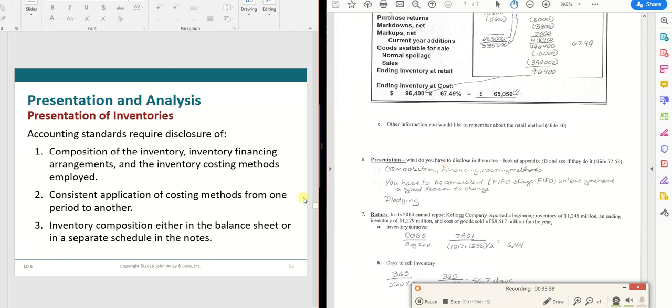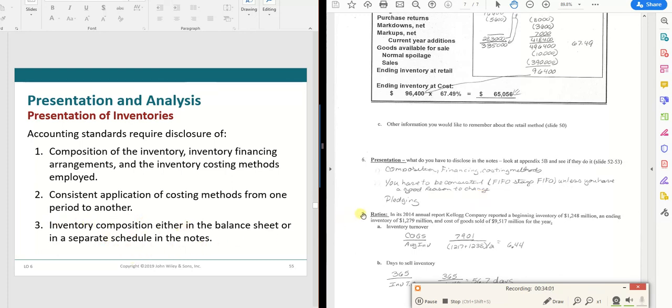How is it part of a financing arrangement for something else? What costing methods are you using? FIFO, LIFO, average costing. You need to be consistent. You have to stay with FIFO unless you have a really good reason to change. And if you do change, there's a lot of disclosures.